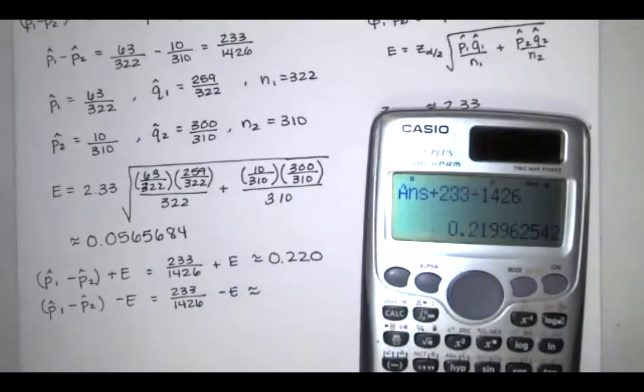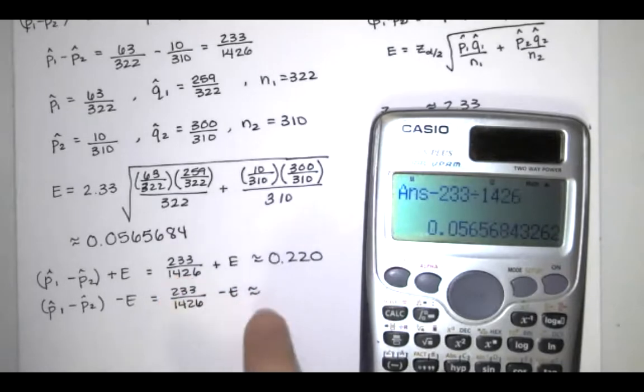And then down here, actually, let's subtract that so that we get back to our error. And I want to take this error, multiply by -1, and then add the P1 hat minus P2 hat. So I'll take that and multiply by -1, and then add the 233 over 1426. And I get that value.